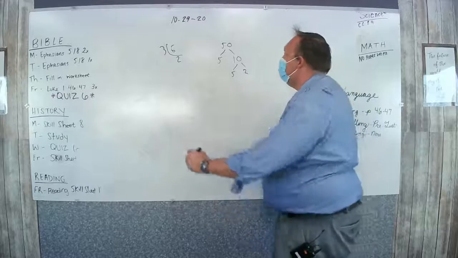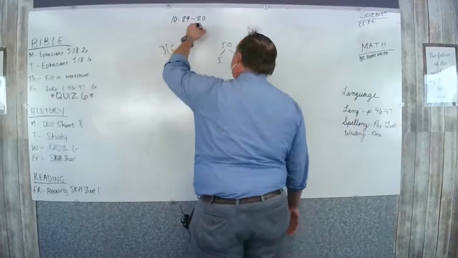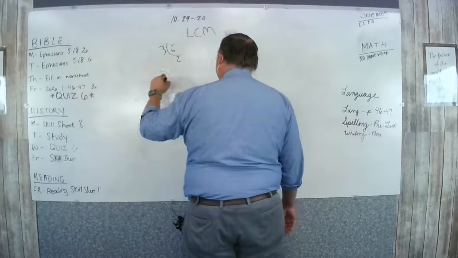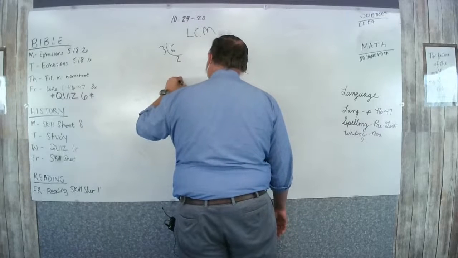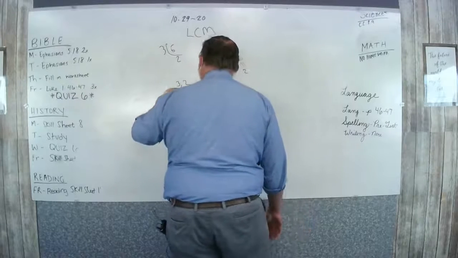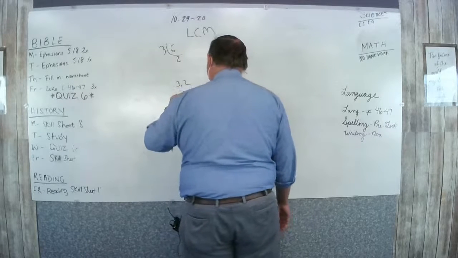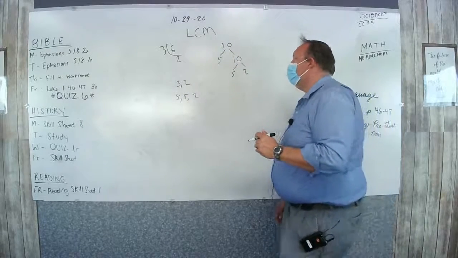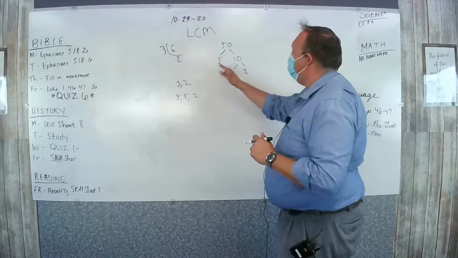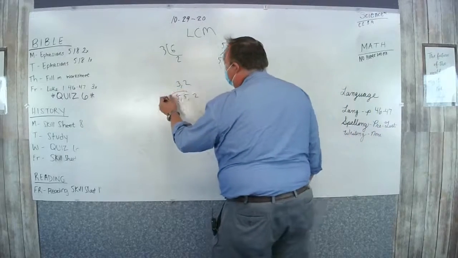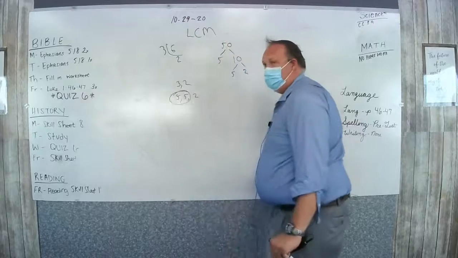Okay, remember we're looking for the LCM. So for 6 I have 3 and 2. For 50 I have 5, 5, and 2. Okay? Now, do you see how I have 2 5s right here? That factor is used the most.